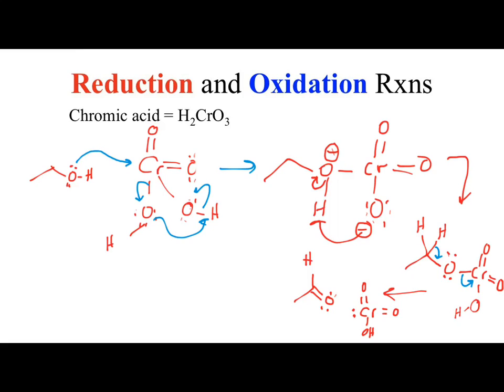It has to be something like chromium to help polarize that oxygen, start to pull electrons away from it in that last case, because without that atom, we don't make this bond, our carbon-hydrogen bond, in that last step, acidic enough to have the electrons pull towards the oxygen. Okay, and that's where our elimination step occurs. We lose the H plus into the solution, and we generate our aldehyde.